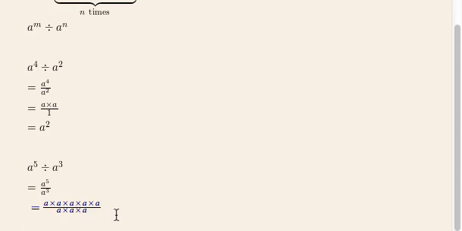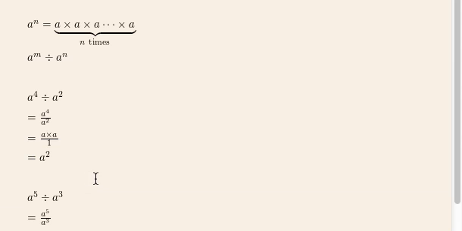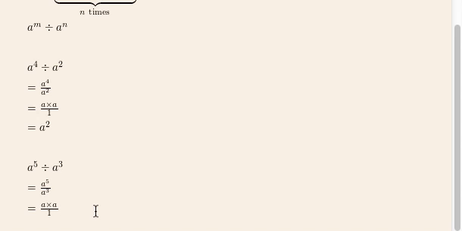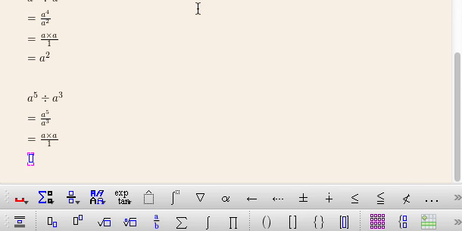So now the same thing happens. A times a times a cancels with a times a times a. So the bottom becomes 1, and then 3 a's are cancelled. So this becomes a times a over 1. So this is actually equal to a squared as well.